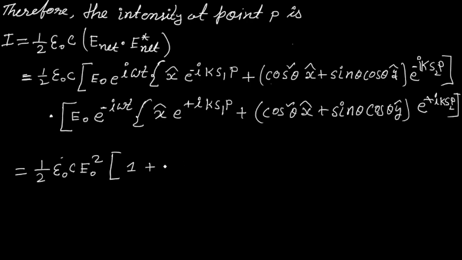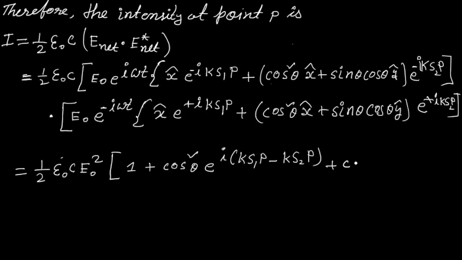Second term will give cos square theta into e to the power iota k s1p minus k s2p.